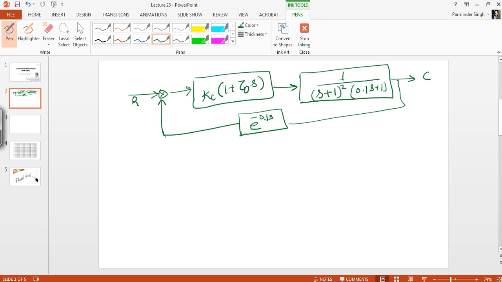Clear? So we need to plot a Bode diagram for this.